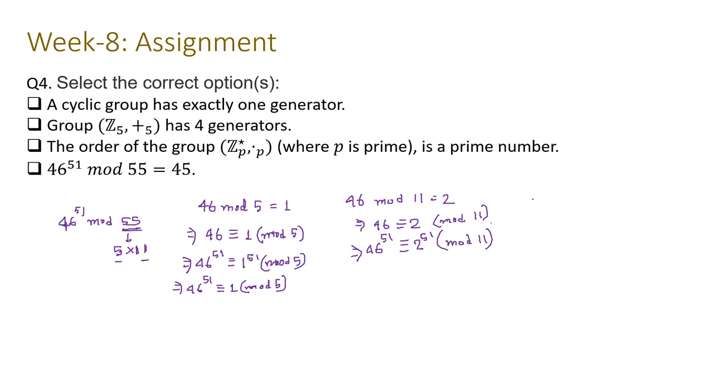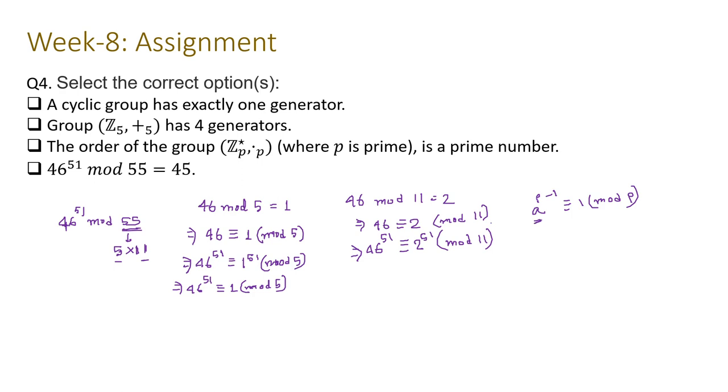Now note that there is Fermat's little theorem, which says that if p is a prime number, then a to the power p minus 1 is congruent to 1 modulo p, where a is co-prime to p.